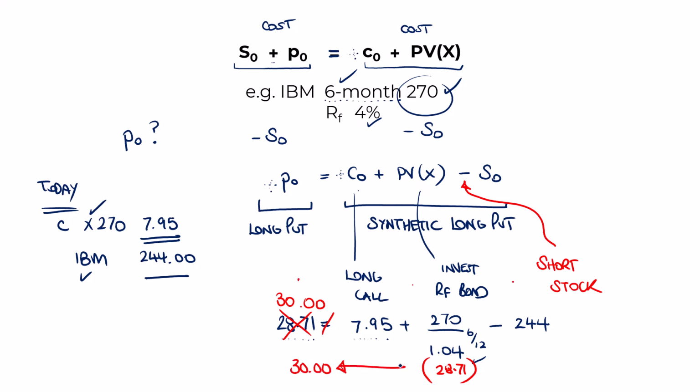The difference is an arbitrage gain. Why? Because these two positions will pay off the same. If they pay off the same, you've got no risk. You just sit back and enjoy your arbitrage gotten gains. You would sell the put, so go short the put. The right-hand side, you go long the call, invest, and short the stock.